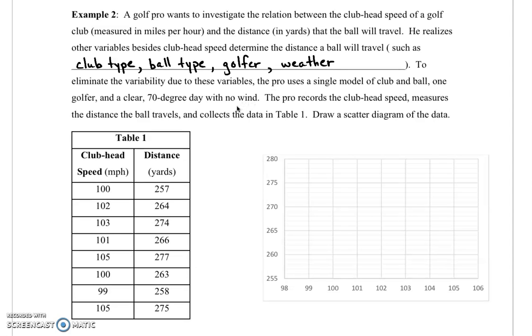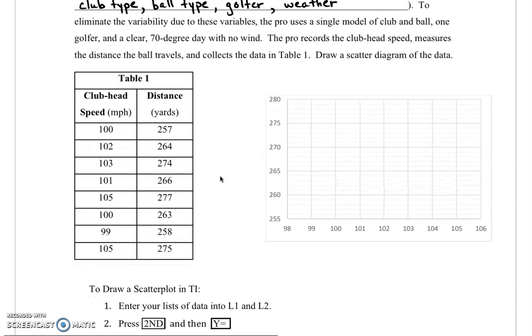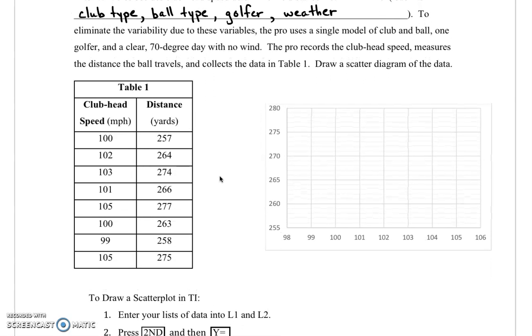To eliminate the variability due to these other variables, the pro uses a single model of club and ball, one golfer, and a clear 70-degree day with no wind. The pro records the club head speed, measures the distance the ball travels, and collects the data listed in Table 1. So let's draw a scatter diagram of the data.